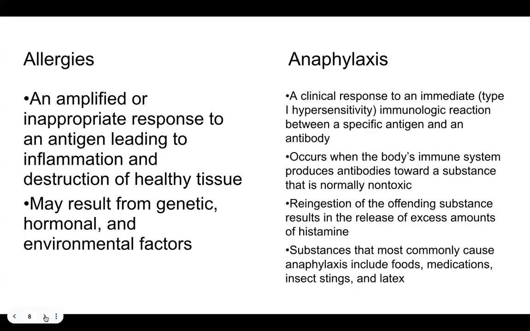Epinephrine, this is important to know, is the first line treatment for anaphylaxis because it rapidly reverses airway swelling, hypotension, and bronchoconstriction. Antihistamines and steroids are secondary treatments. And always remember when you're thinking about anaphylaxis that assessment of ABCs, airway, breathing, circulation, is a priority nursing assessment.